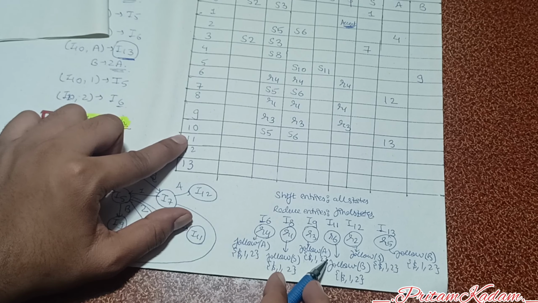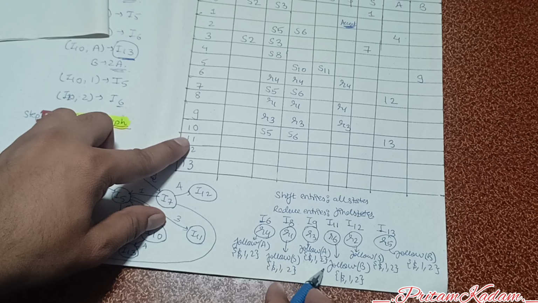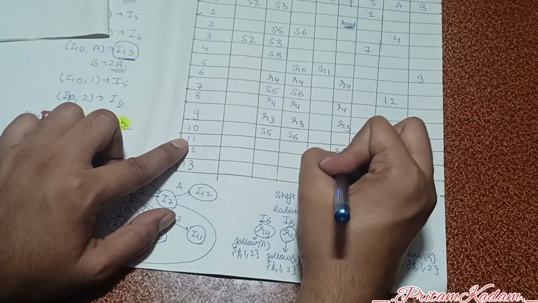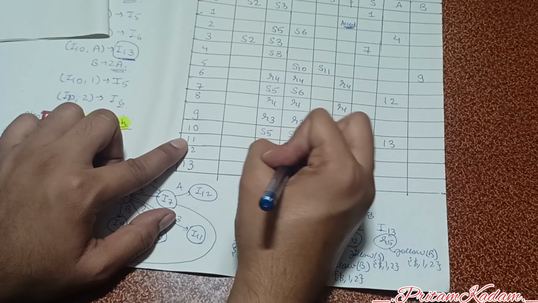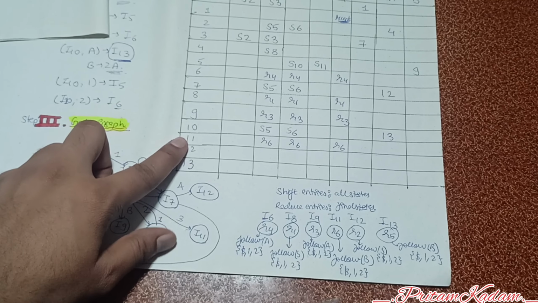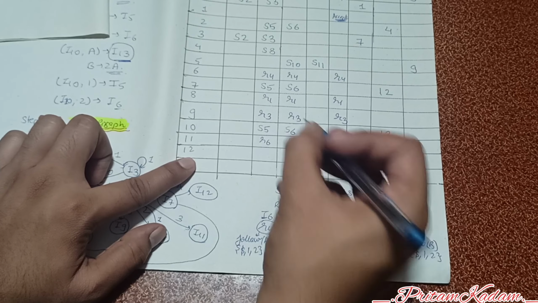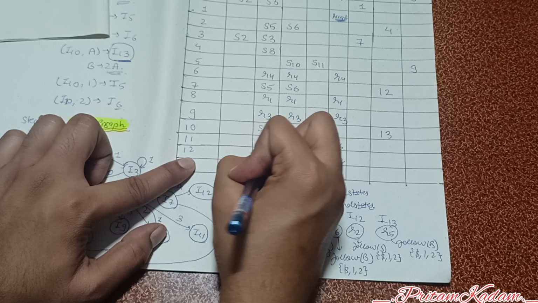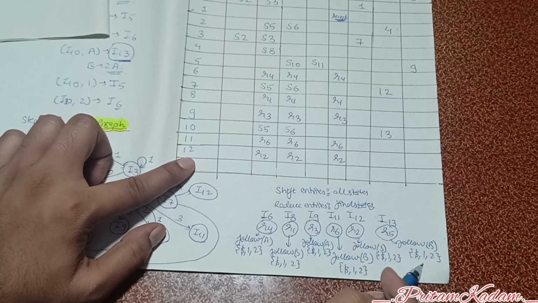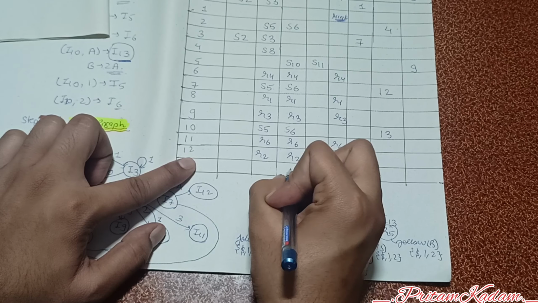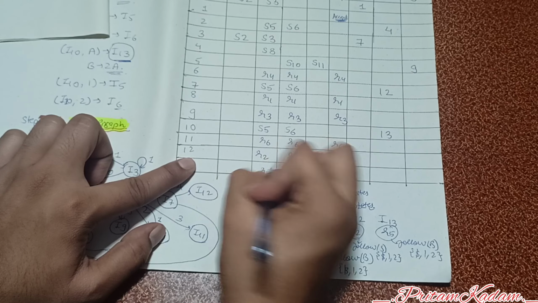So R6 in the 11th state, R6 and R6. Now in the 12th state, under $, we'll write R2, R2, R2. Now under I13 $, I'll write R5, R5, R5.